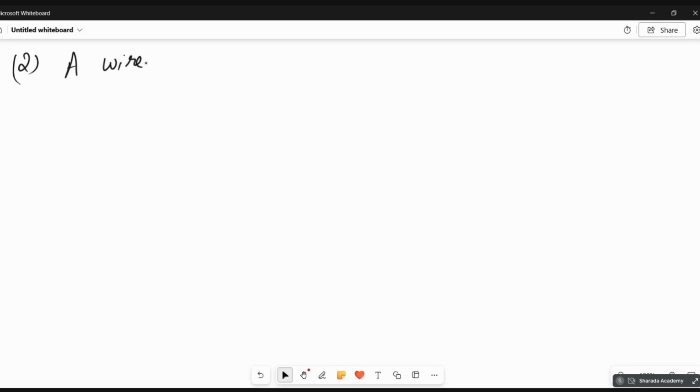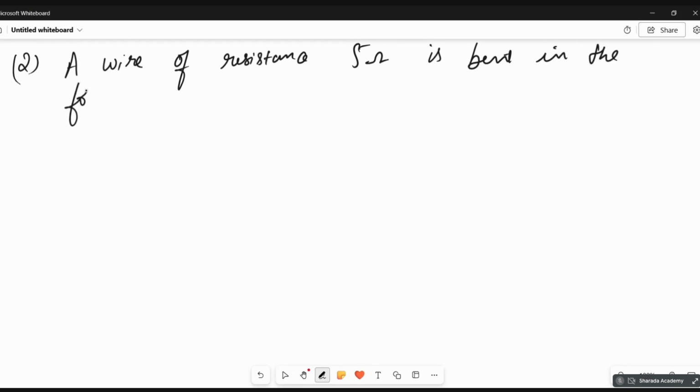Rohit, Pawan, tell me the answer. A wire of resistance 5 ohms is bent in the form of a closed circle.